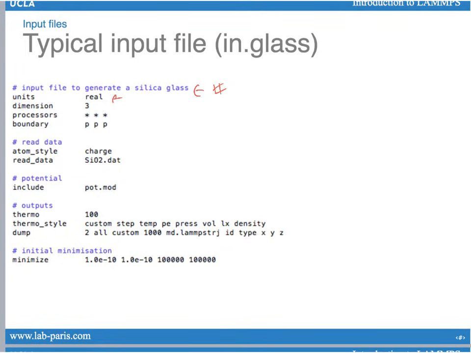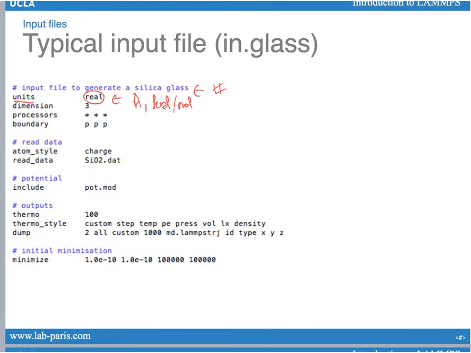The second thing, which is very important, is the unit system. This is one of the first things that you need to do: say what system of units you are using. Here we are using the real system, which means that all distances will be expressed in angstrom, all energy will be expressed in kilocalorie per mole, etc. This is a very important instruction to put at the beginning of each main input file.